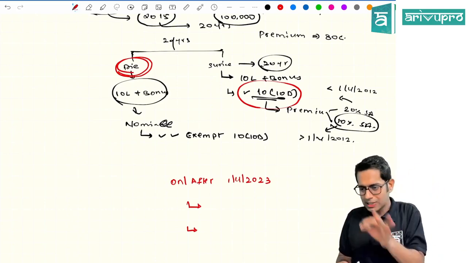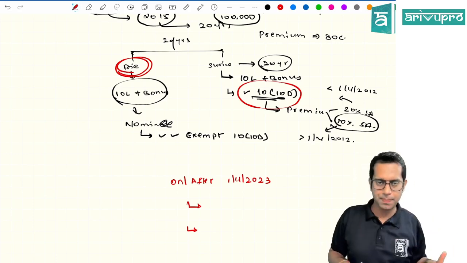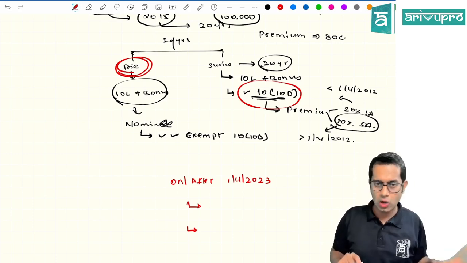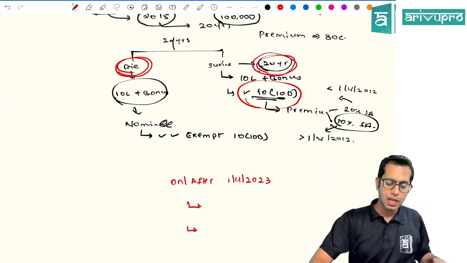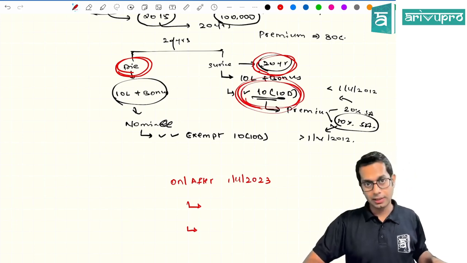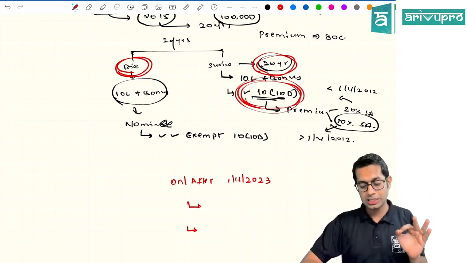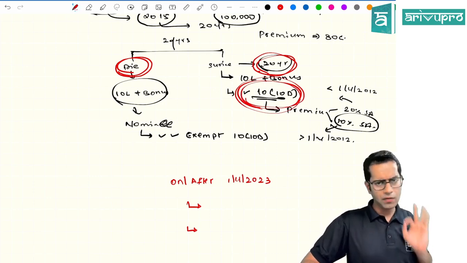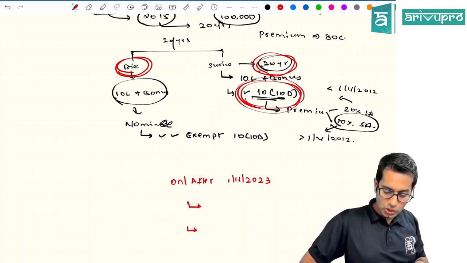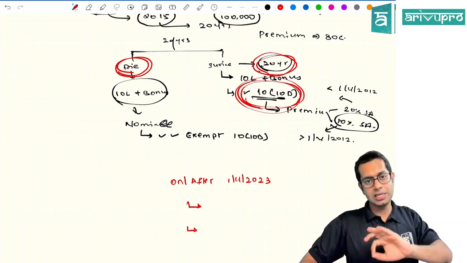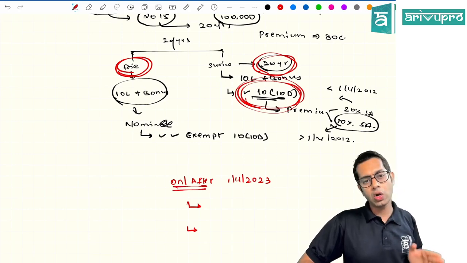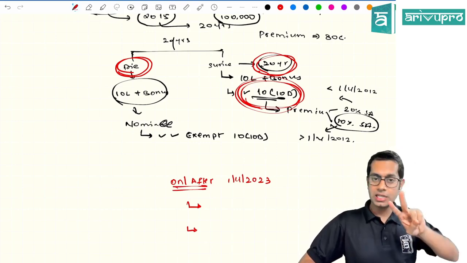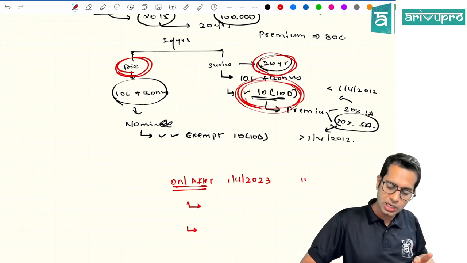If the nominee receives the amount upon death of the person who has taken the policy, it is always exempt. But upon maturity of the policy received by the policyholder himself, if the policy is taken on or after 1/4/2023, then you should satisfy two conditions to claim exemption under section 10(10D).